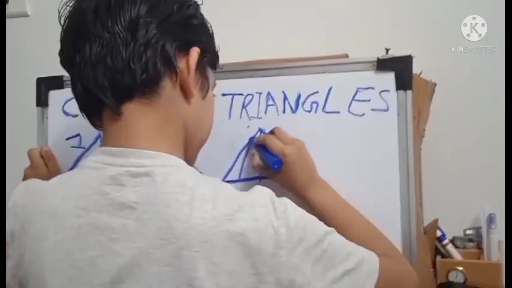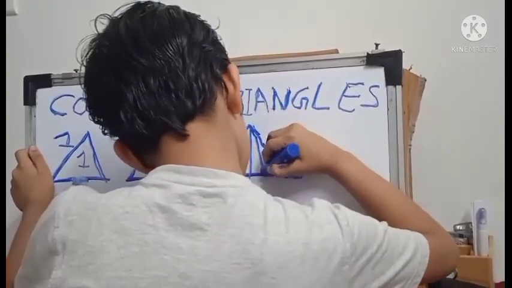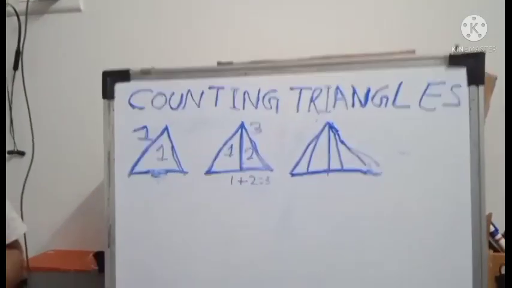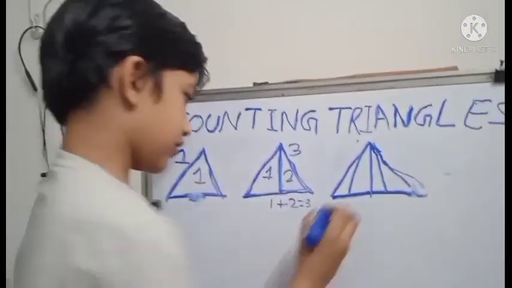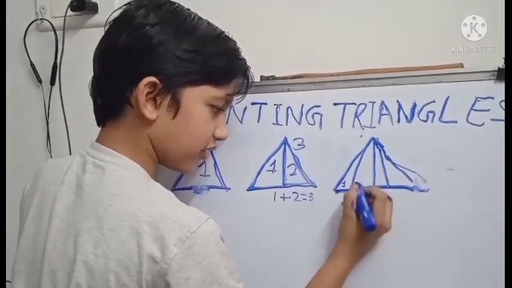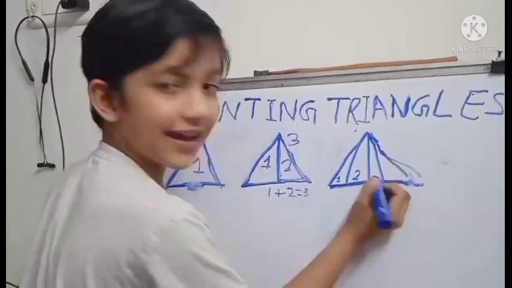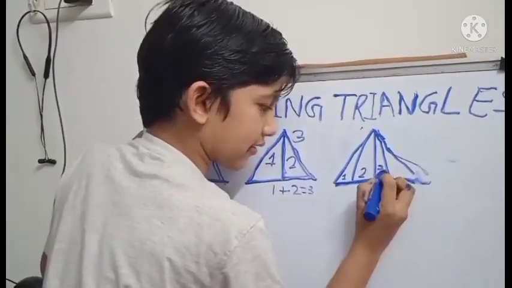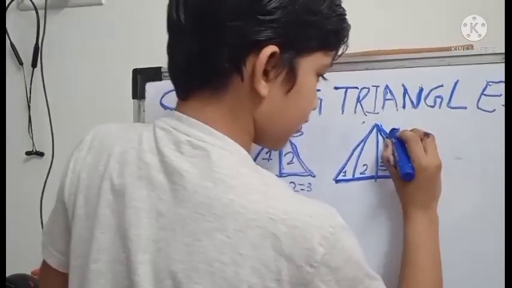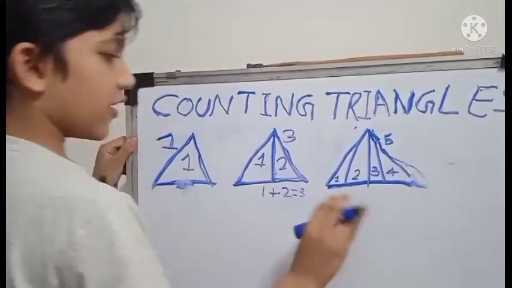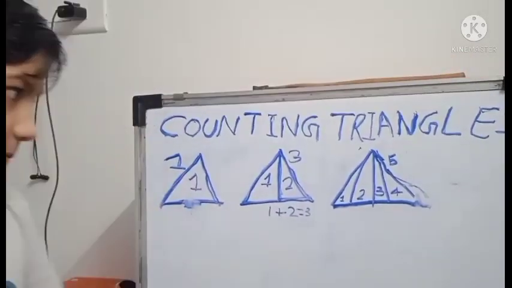How many is it? This is the first, this is the second, this is the third, and this is the fourth. These 4 make, and it will come 5.